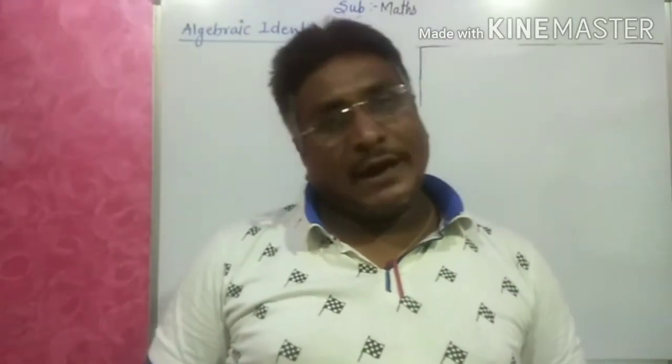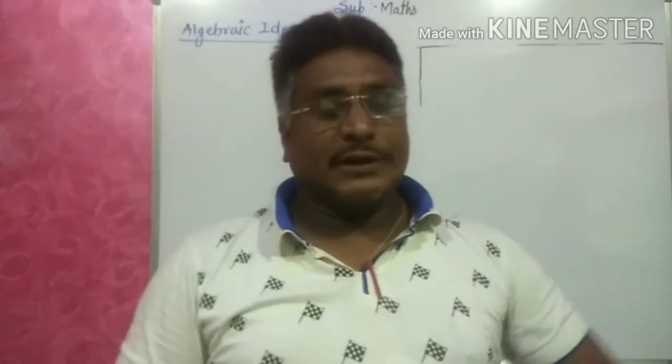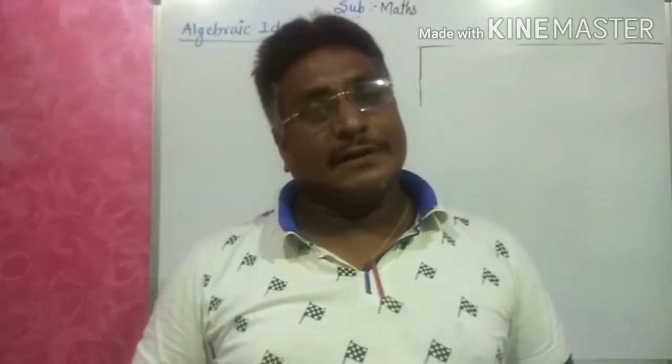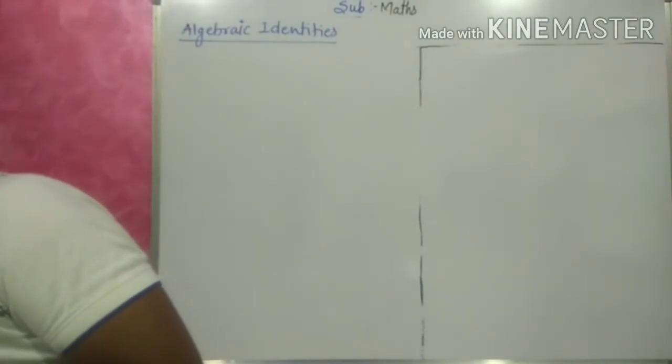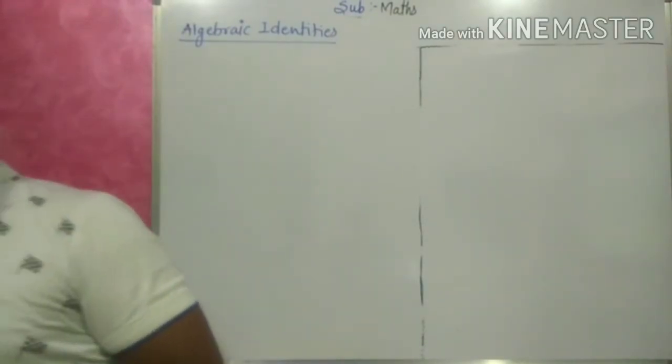So a few old identities that you studied in the lower classes and a few new identities, together we will combine. We will discuss what those identities are, and by using those identities, how to solve exercise 2.5.